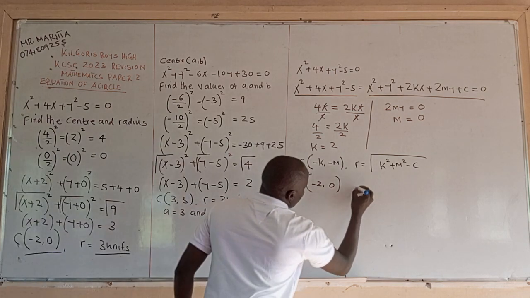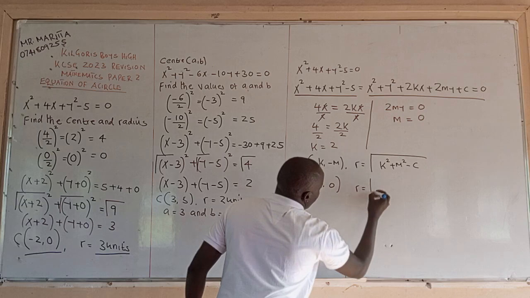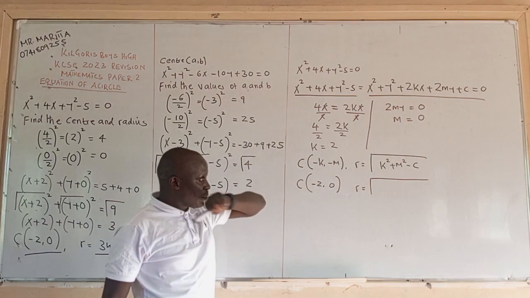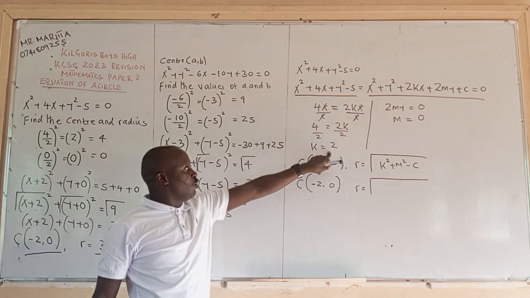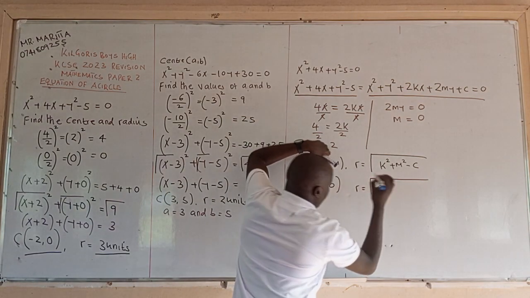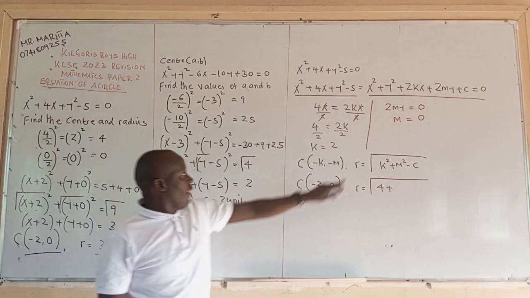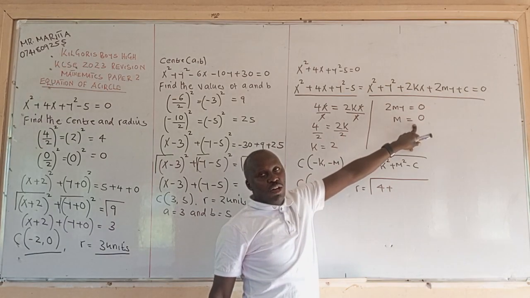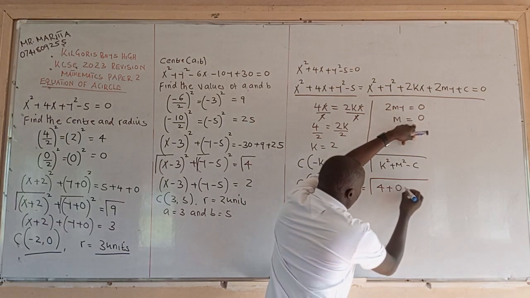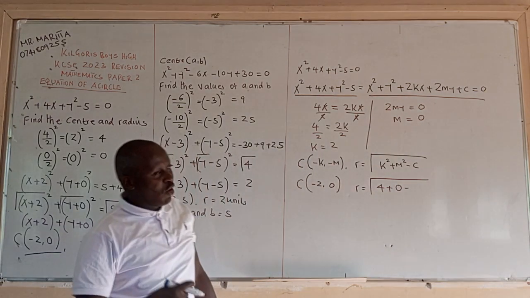To get the radius, you find the square root of k squared. The value of k is 2, and 2 squared is equivalent to 4, plus the value of m squared. m is equivalent to 0, and if we square 0, we get 0. We subtract the value of the constant.